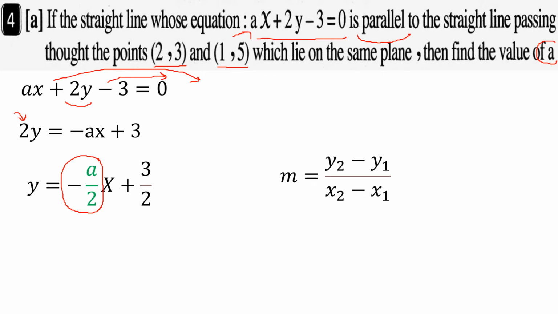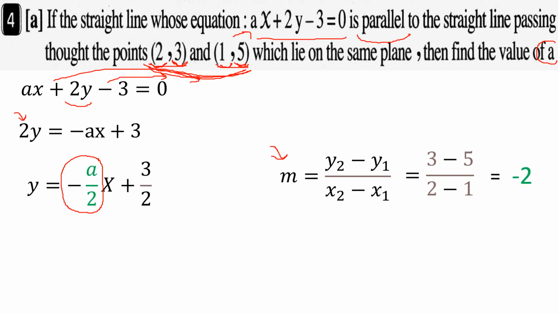Okay. Let's go to the other straight line. I have only 2 points. How can I find the slope of this straight line? By using this formula: slope equals y2 minus y1 over x2 minus x1. Let's substitute. y2 is 3 minus y1 is 5, over x2 is 2 minus x1 is 1.